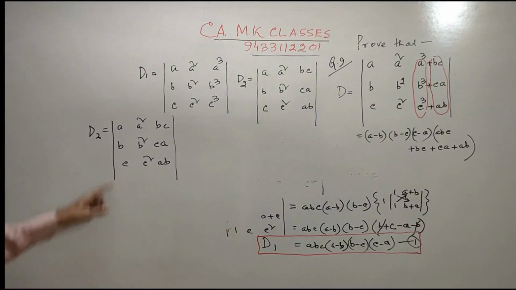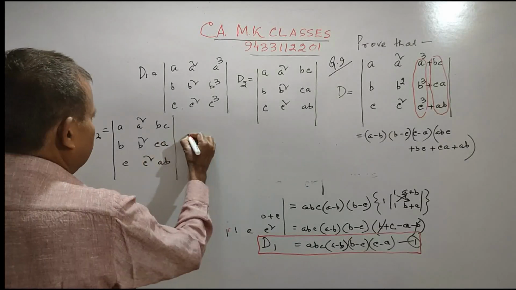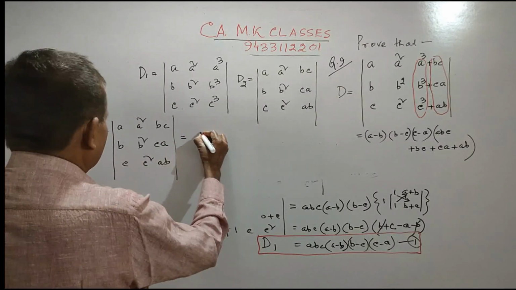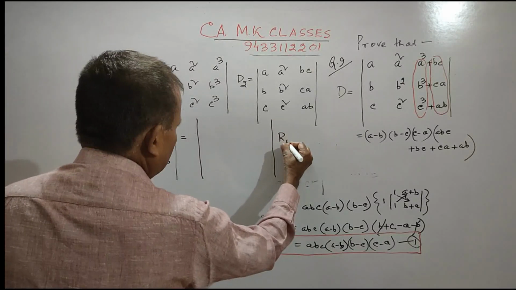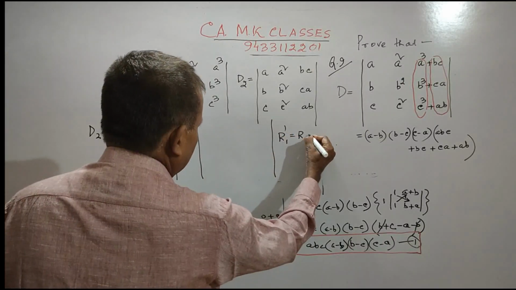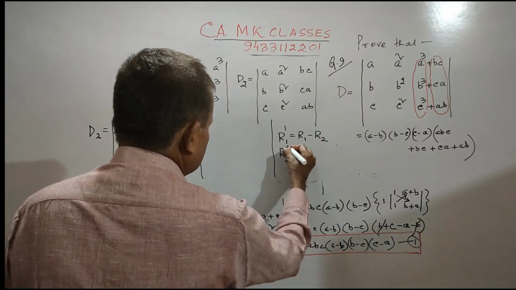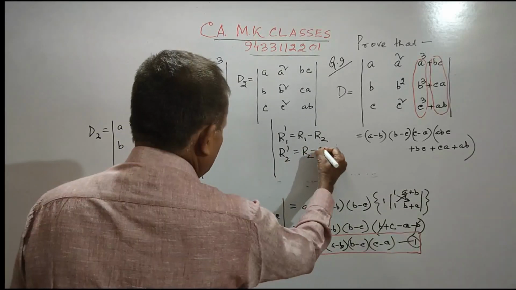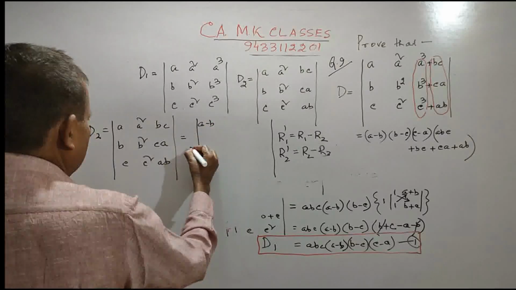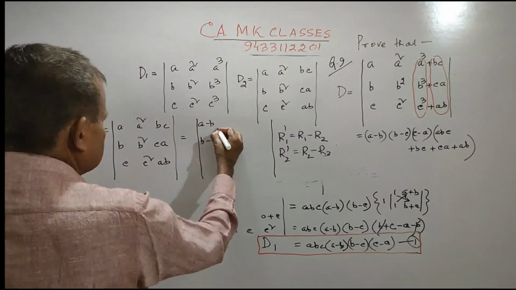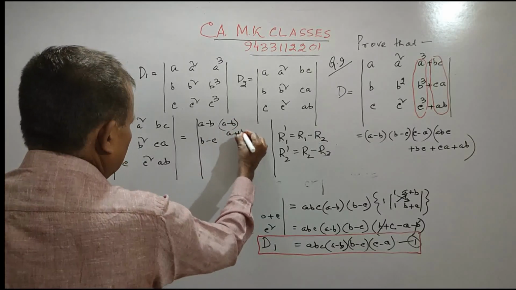Now we shall apply R1 dash is equal to R1 minus R2, R2 dash is equal to R2 minus R3. So a minus b, b minus c, a minus b, a plus b.